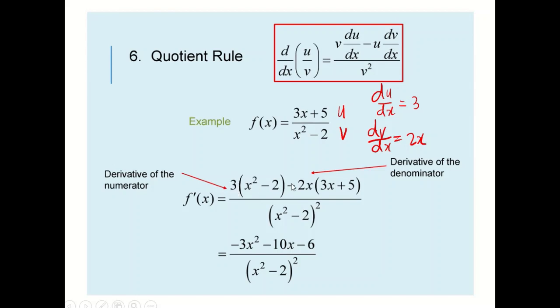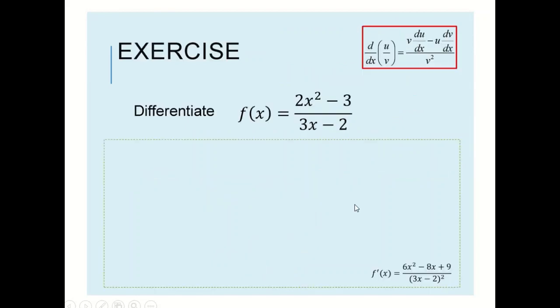After that we take du/dx, which is 4x, minus. After that we take the upper function u, 2x squared minus 3, and we differentiate the v, which is 3, so we have 3 here.